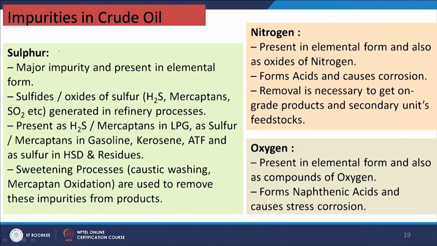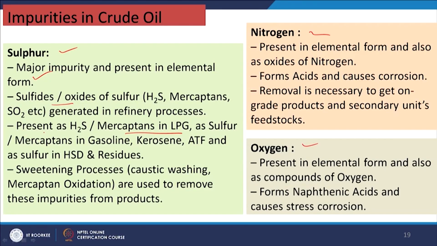So, there are some impurities in the crude oil also, like sulfur, nitrogen and oxygen. The sulfur is present in elemental form or in sulphide or oxide form. Some organic sulfur is also present and those are called mercaptans.